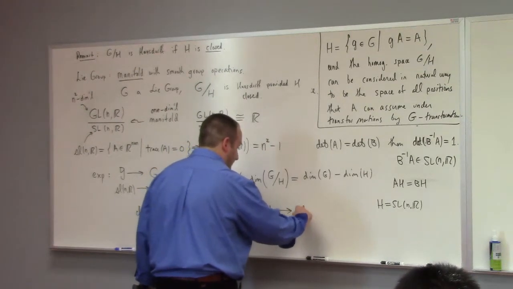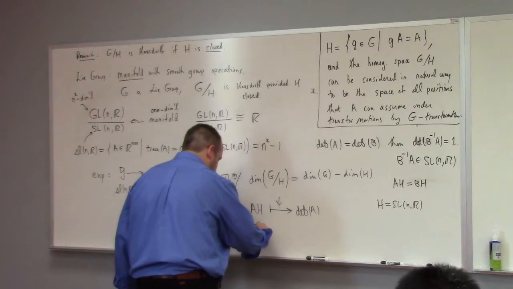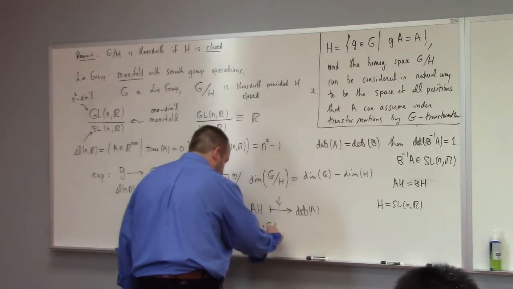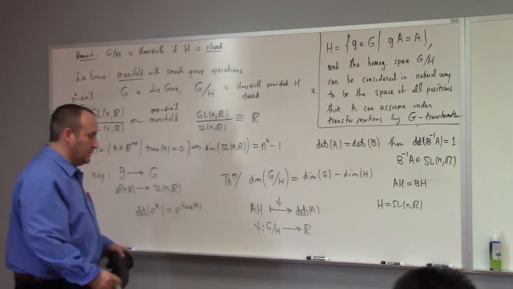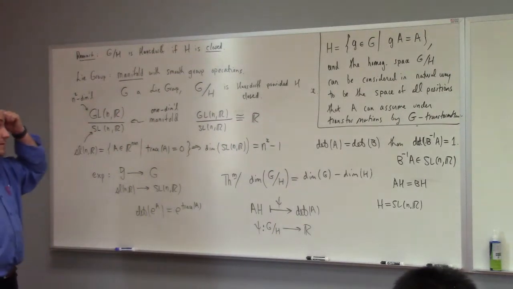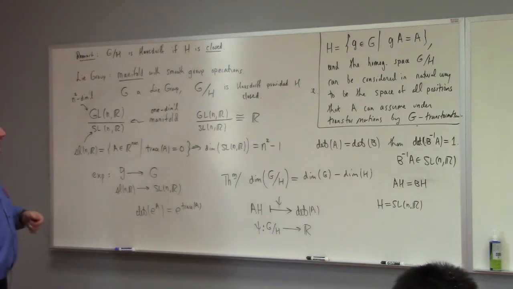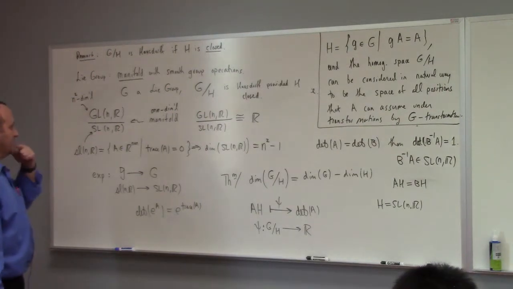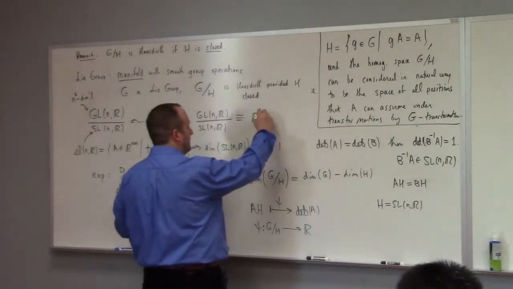Right, determinant of A. So this gives me the psi from G mod H to R. Oh yeah, you're right. It's a one-dimensional manifold. I jumped the gun. It's not R. It's what? It's non-zero reals, isn't it? And that makes sense. Why?